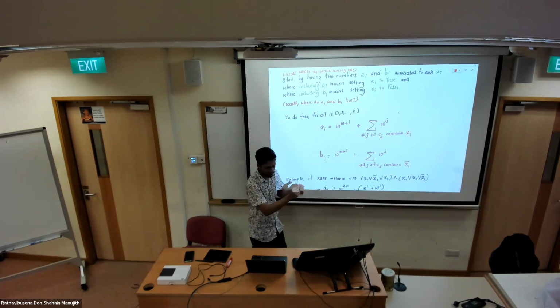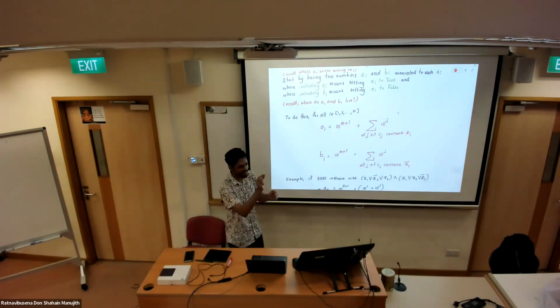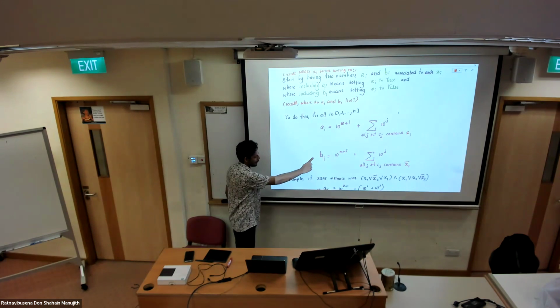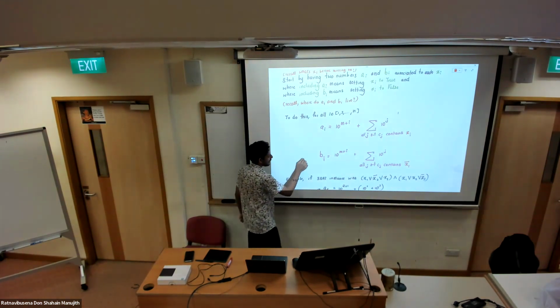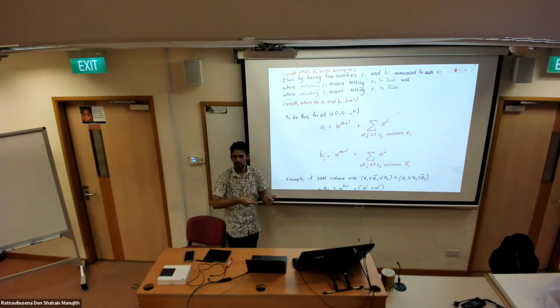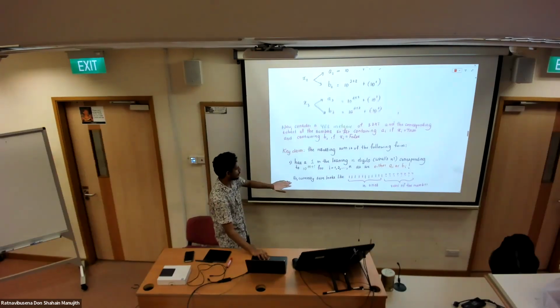For every single index, starting from the left of the number, the digit comes from either ai or bi, because we are adding either ai or bi.